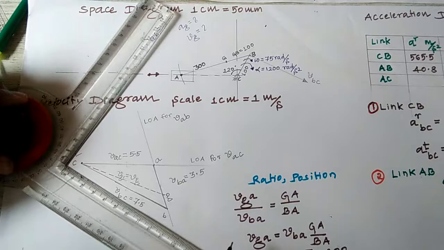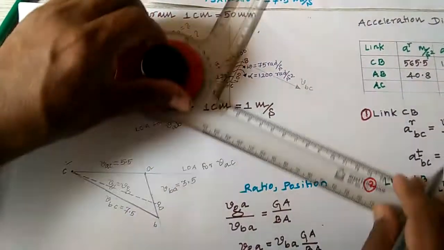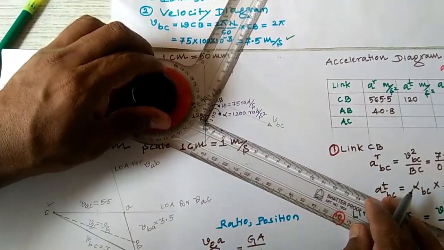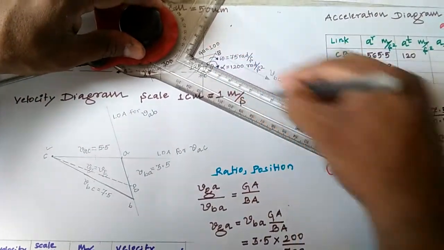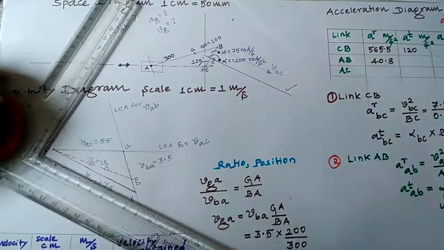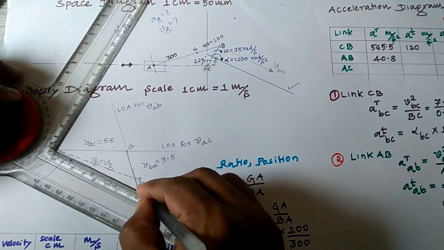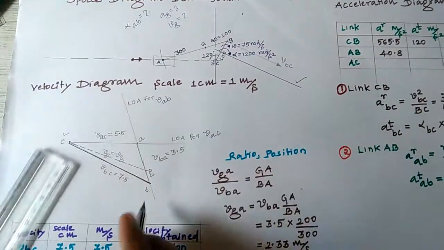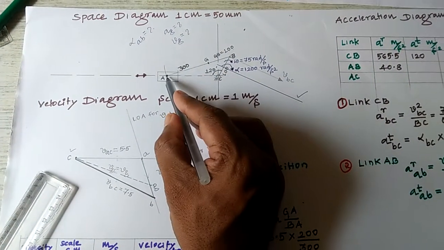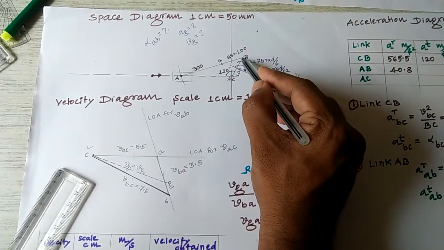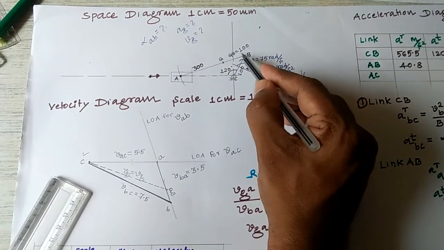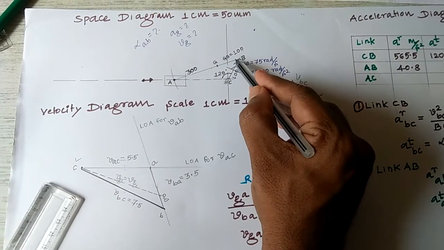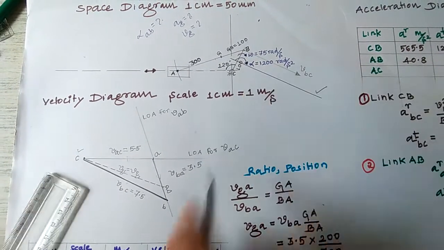I drew this one. You have to draw the perpendicular to CB. You have to shift this only. I drew this one. Then that is the velocity of A with respect to B. You have to find it. But you don't know the magnitude and direction. But you have to draw the line of action.